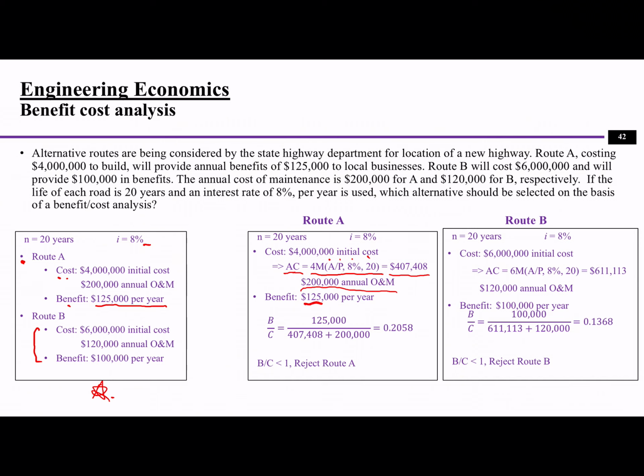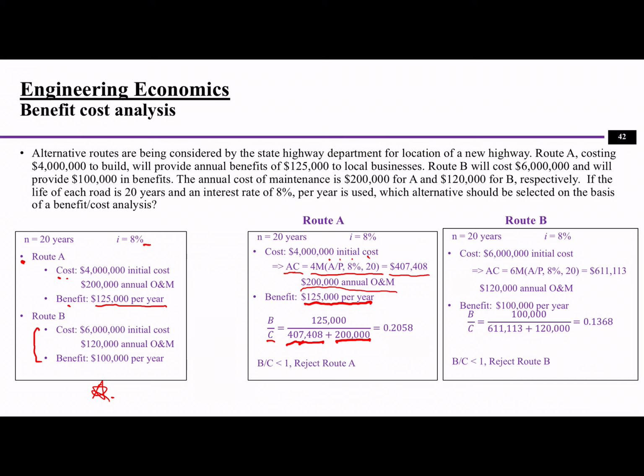$407,408. All right, and we also have another cost, which is $200,000 annual operation and maintenance, and the benefit is $125,000 per year. The cost will be two parts: the first part is the initial cost converted to the annual equivalent, and the other is annual operation and maintenance.